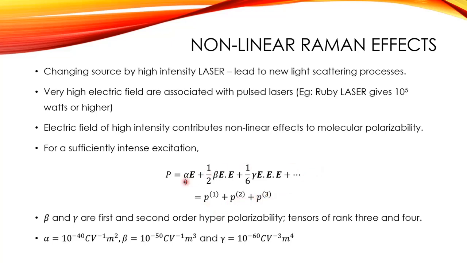We know alpha is polarizability, and beta and gamma are called second and hyper-order polarizabilities, or higher order polarizabilities. Beta and gamma are tensors of rank 3 and 4. The values of alpha, beta and gamma are 10 to the power 40, 10 to the power negative 40, 10 to the power negative 50, and 10 to the power negative 60.